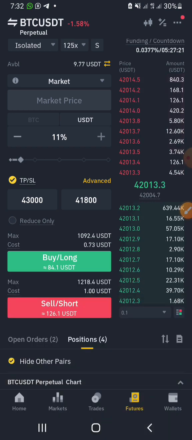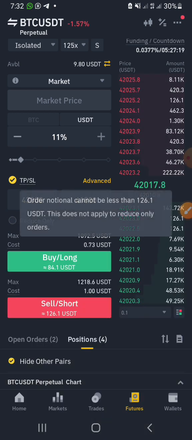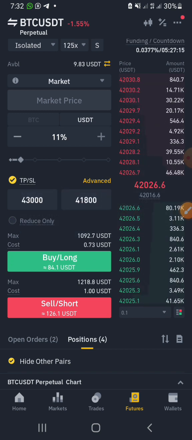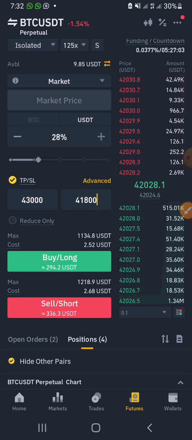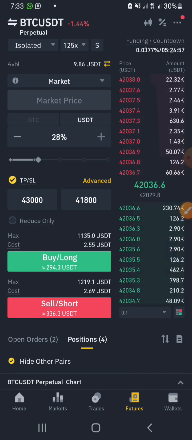Okay, so once I click on buy, as you can see, many people will have this issue if you are trading with a low volume. So what do you need to do? You don't need to panic. Just simply increase your trading volume. And also remember, you can always at any time reduce your leverage.